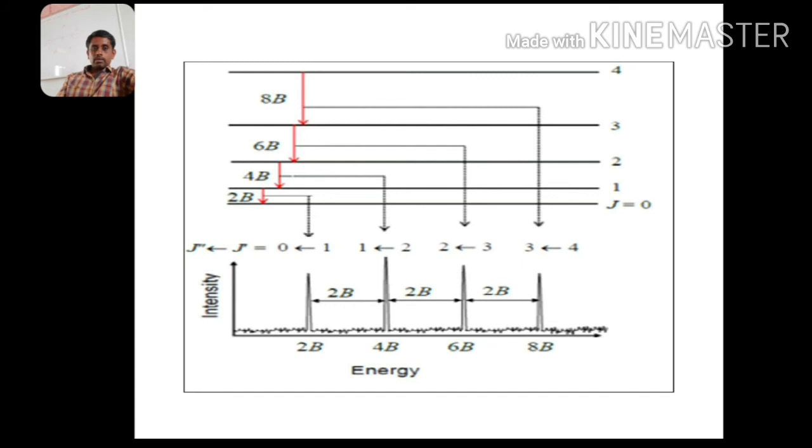You will see in the figure that transitions from J is equal to 1 to 0, 2 to 0, 3 to 0 or 4 to 0 are not allowed. The transitions are allowed only from J is equal to 1 to 0, 2 to 1, 3 to 2, 4 to 3, and the following figure shows the graph or the spectrum of rotational spectrum.